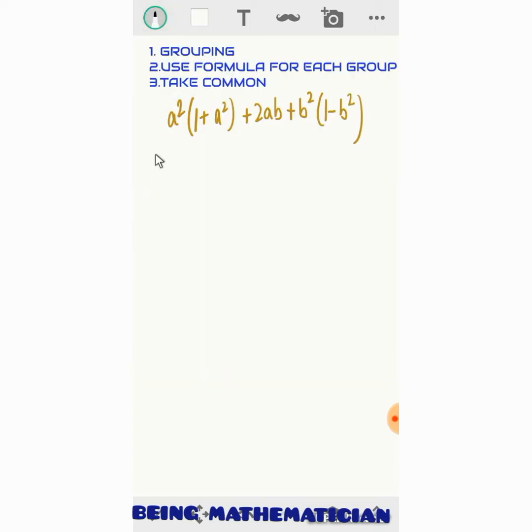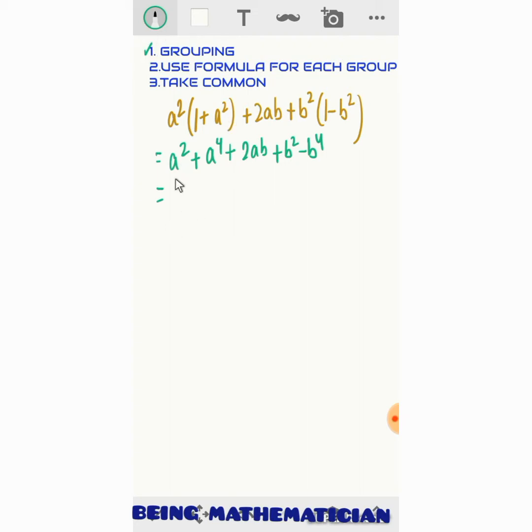Now first of all we remove all the brackets, multiply, and now we start the steps, that is the first step is grouping.